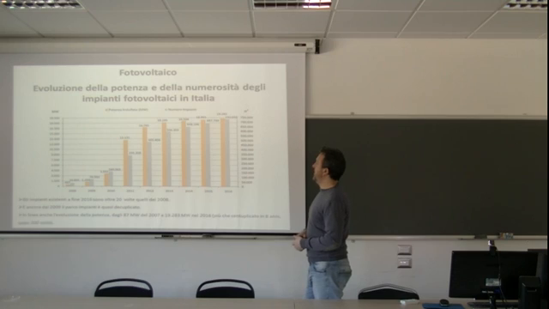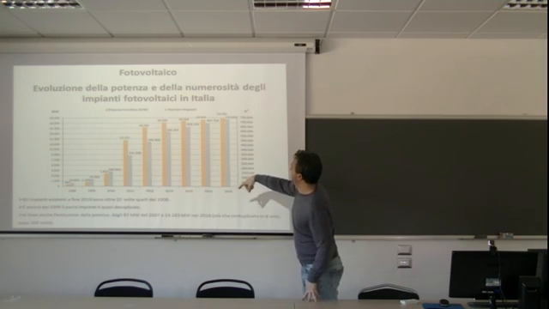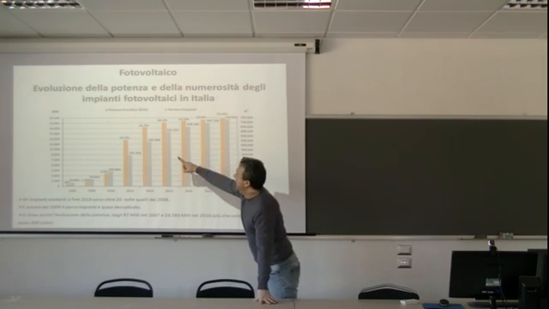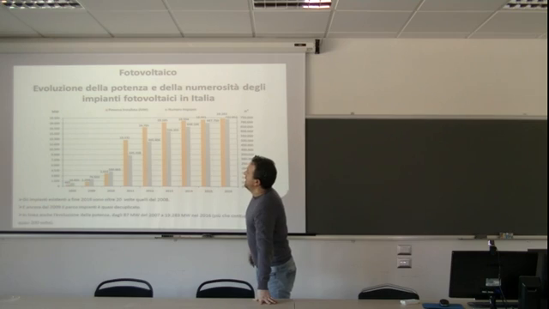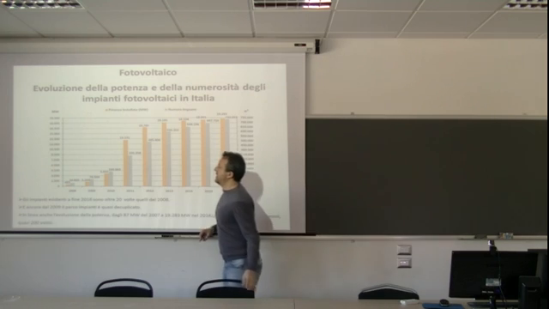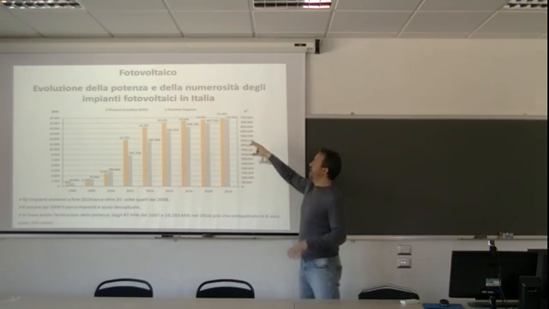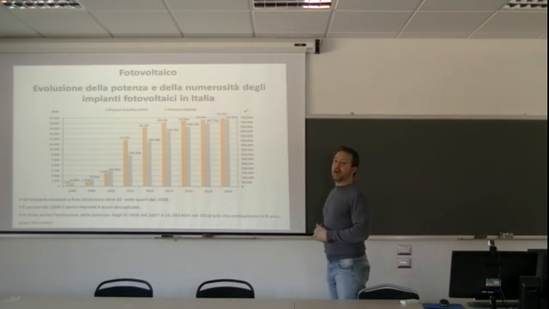And you can see on the yellow line the size of the plant, and on the gray line the number of plants. From 30,000 we moved to close to 1 million plants in Italy. And so there is a very important growth.